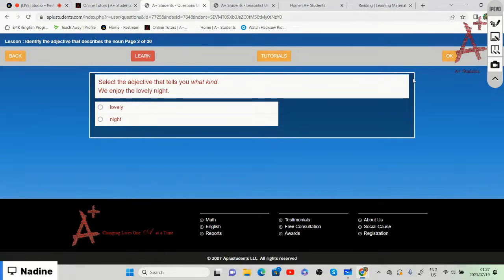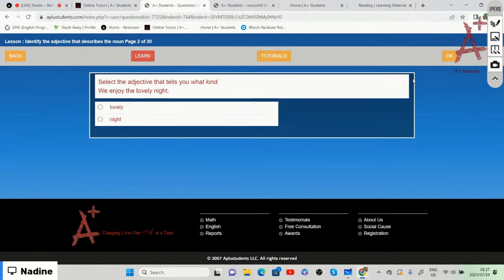We need to select the adjective that tells us what kind within the sentence. We enjoy the lovely night. We enjoy the lovely night. So the adjective within that sentence that tells us what kind, is it lovely or is it night?